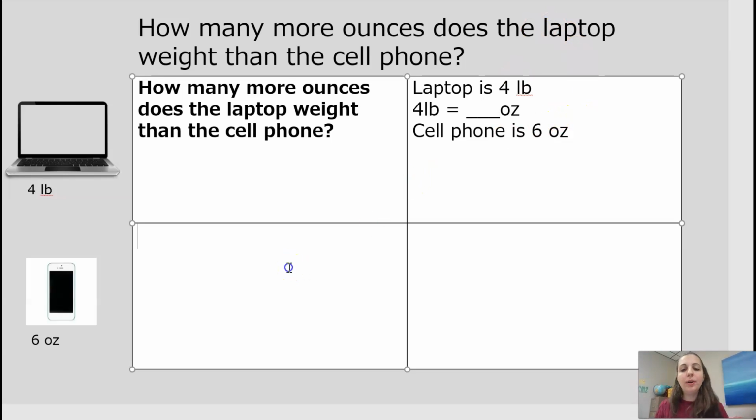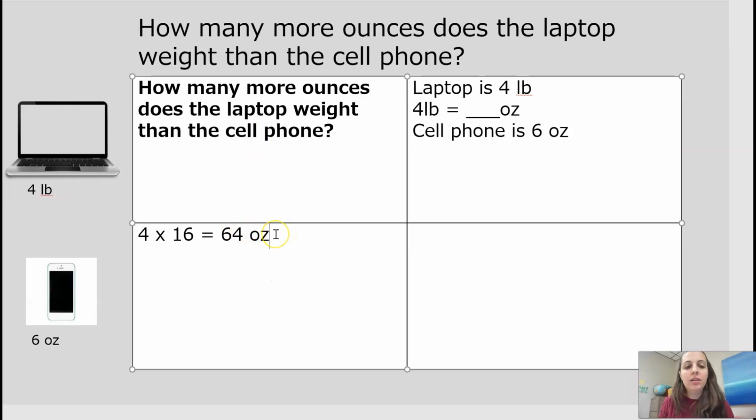So let me do the operation right here. 4 times 16 equal, I'm gonna use my calculator. 4 times 16 equal 64. So now I know that I have 64 ounces. This is for the laptop.